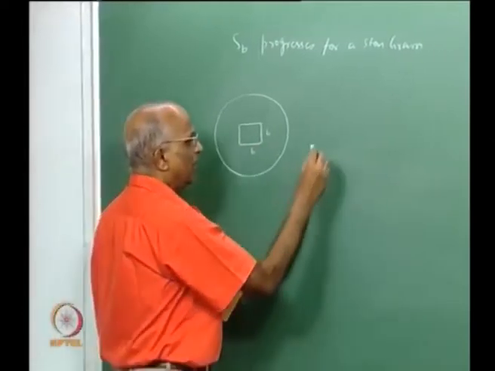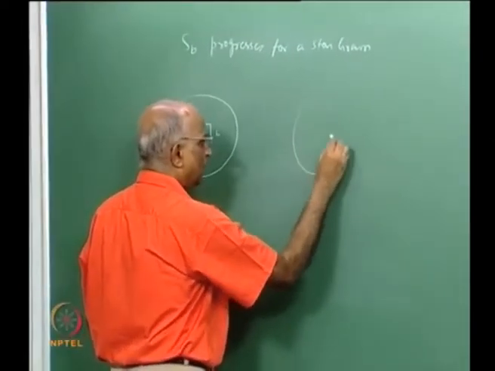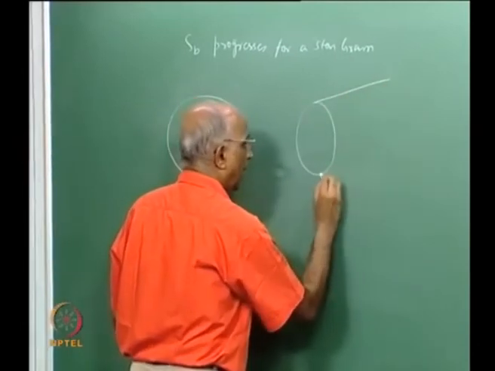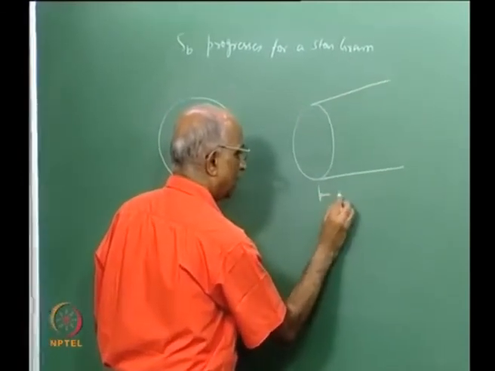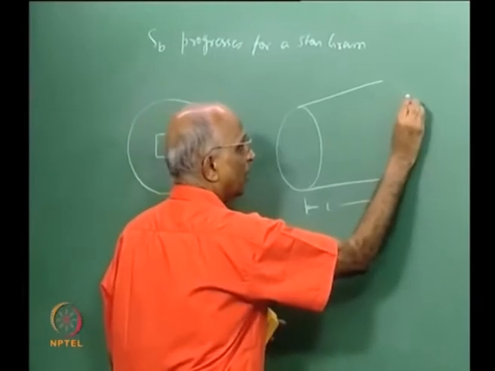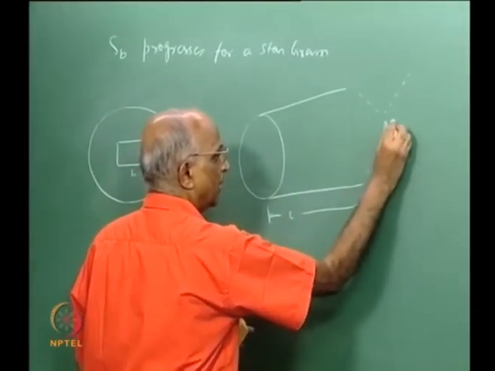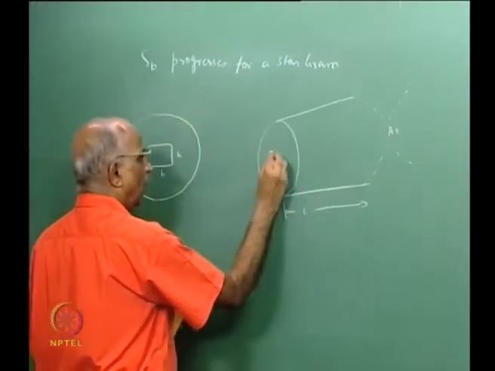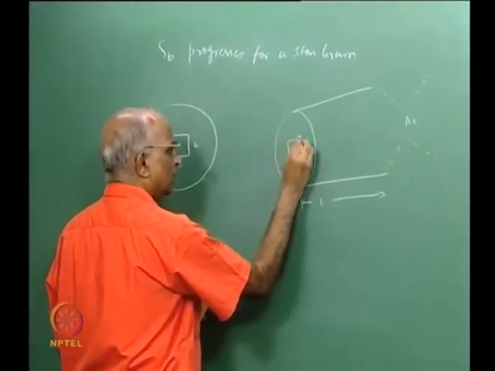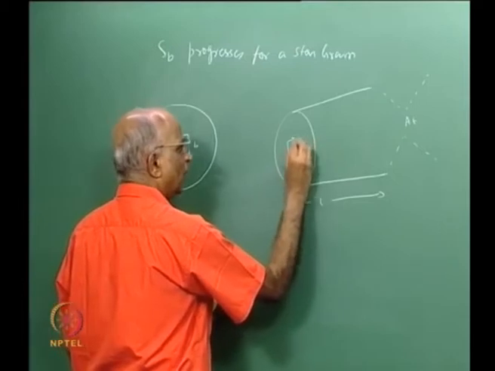In other words, if I were to take the view as it is for the grain, I have the grain of length L. I have the nozzle over here of area A_t, and this grain shape is something like a square.